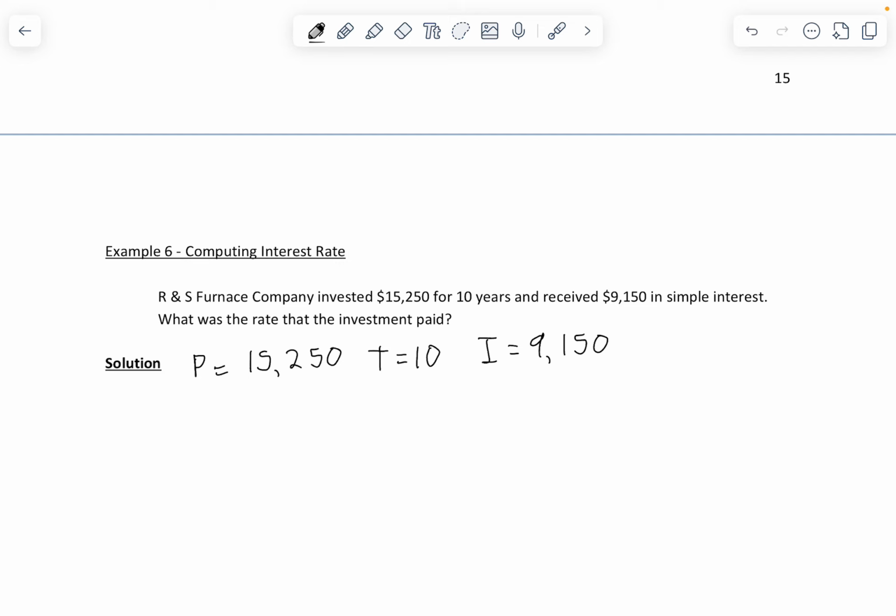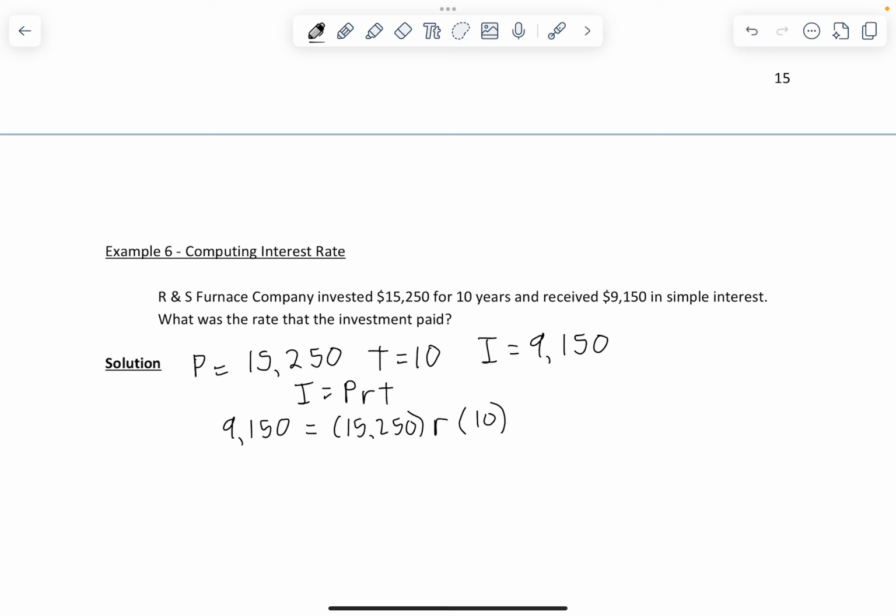So let's plug the information that we do know into the simple interest formula, and then we can solve for the rate. So I is 9,150. That is equal to P, 15,250, times R, that's what we don't know, times 10.